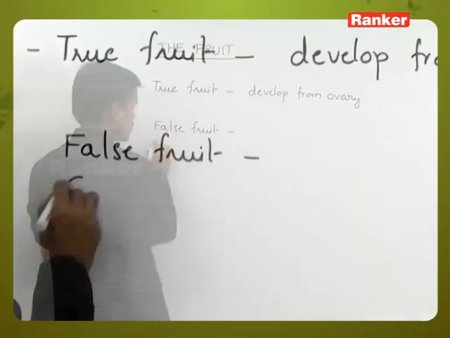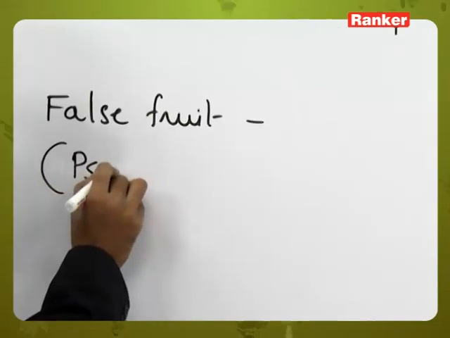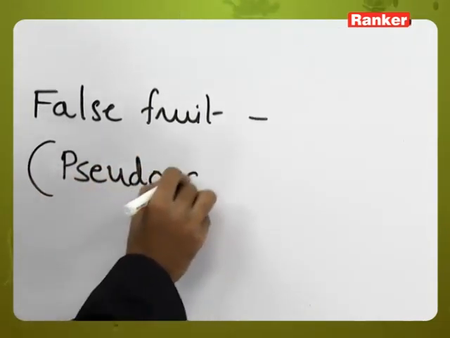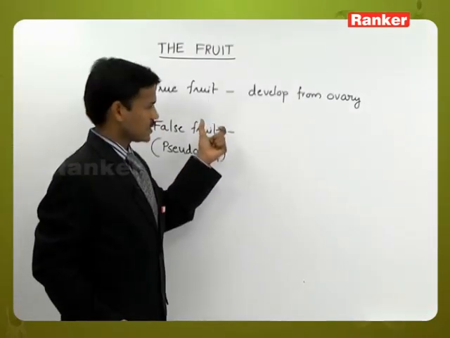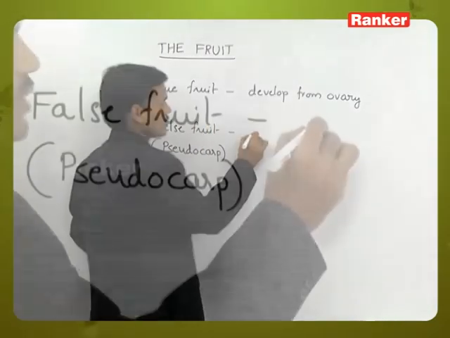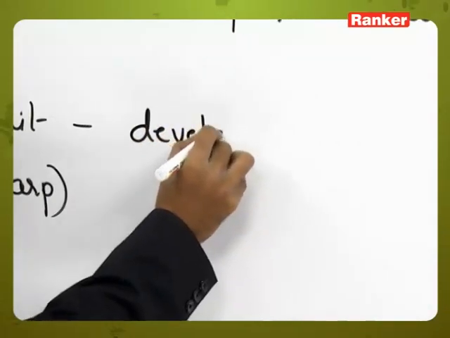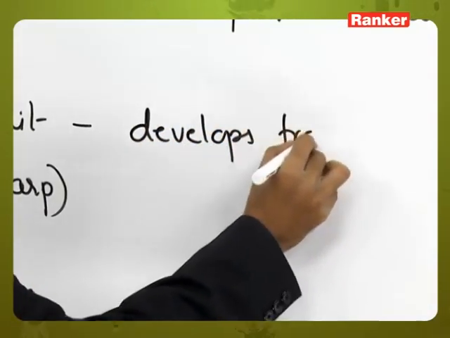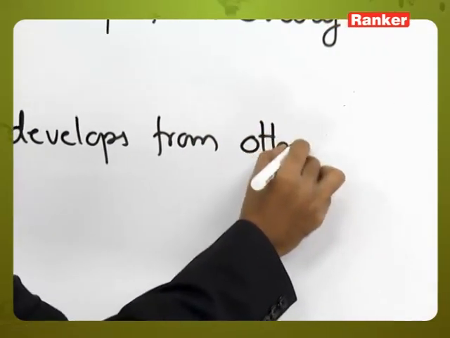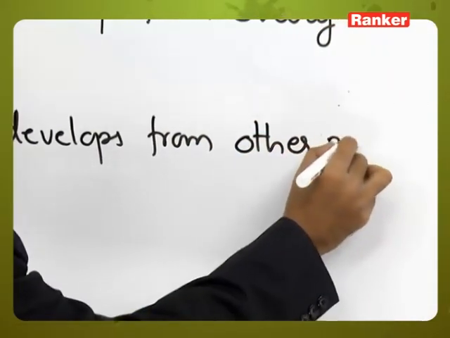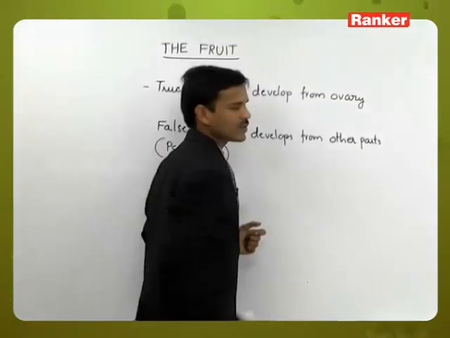The false fruit is also called as pseudocarp. The pseudocarp develops from other parts of a flower.